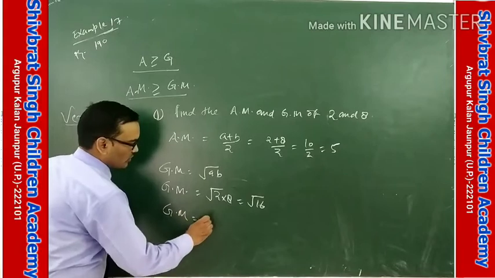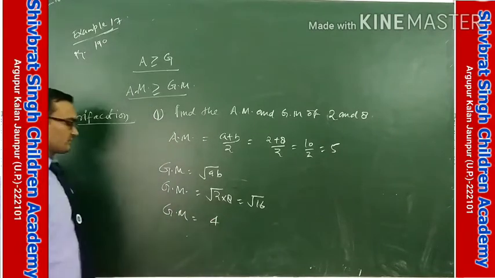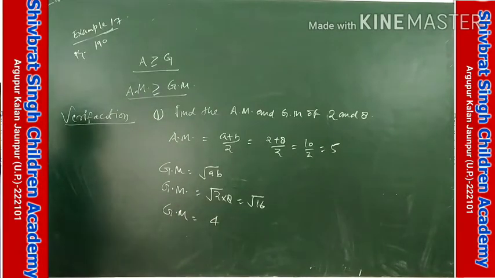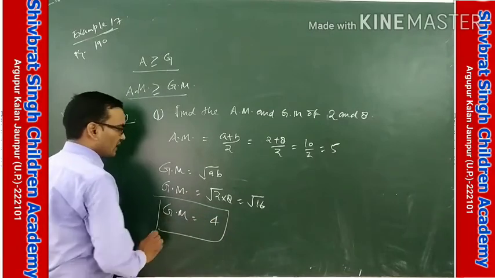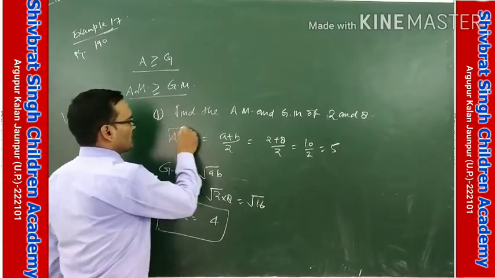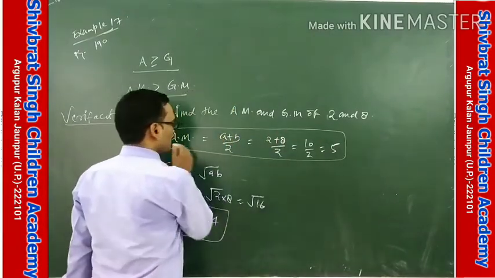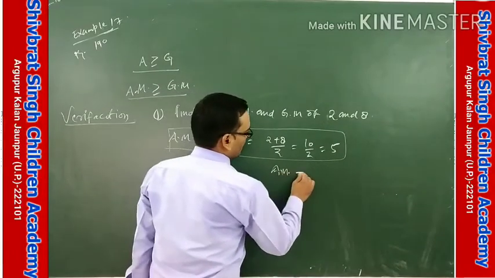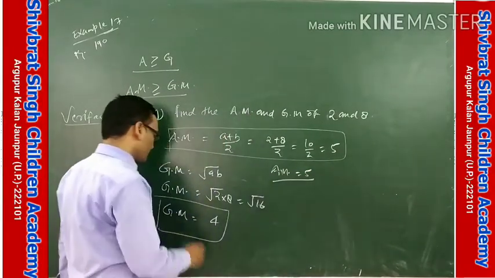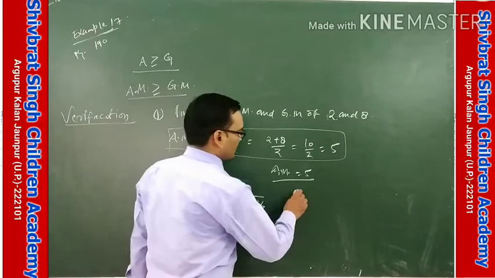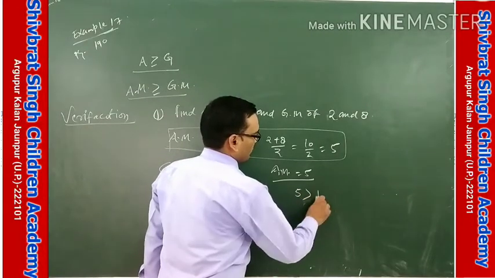GM equals 4. The value of the geometric mean is 4 and the value of the arithmetic mean is 5. Then 5 is greater than 4.